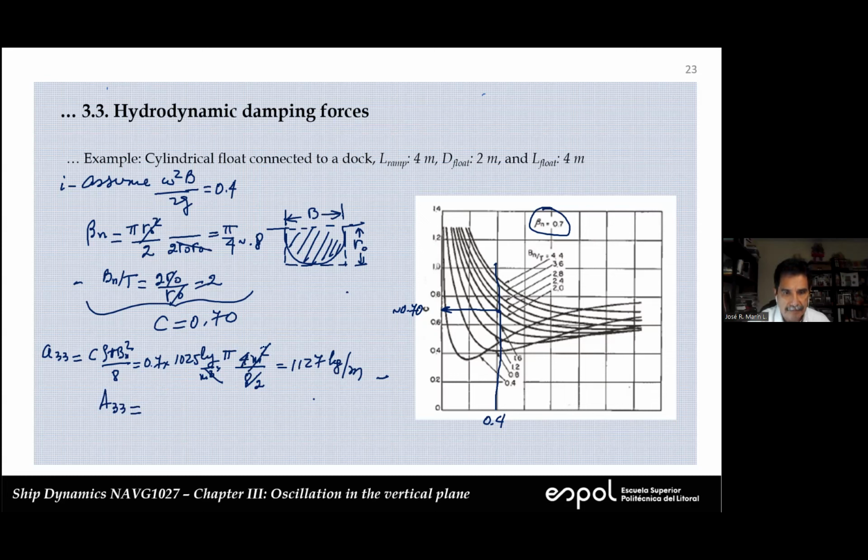So this is simply the integration of A33, which is simply A33 times L. So the length is 4 meters times this will give us, my numbers are 4508 kilograms.